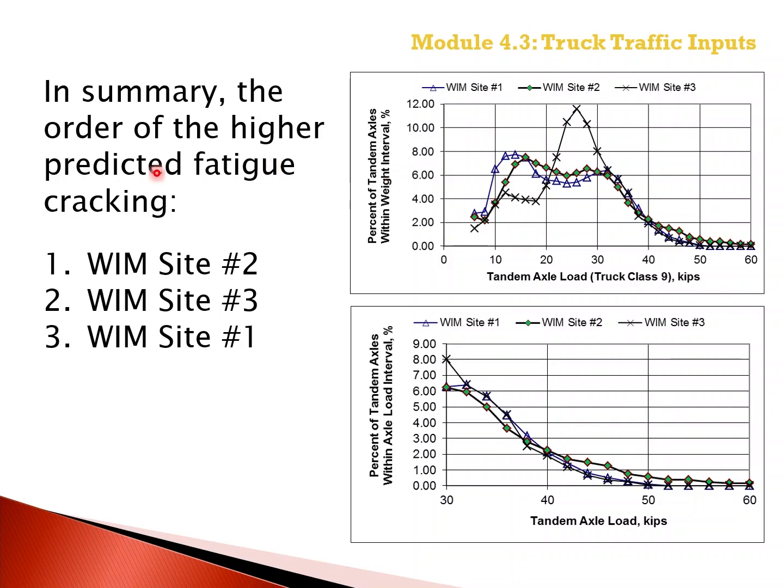So in summary, the order of higher predicted fatigue cracking and distresses: WEM site number 2, then WEM site number 3, then WEM site number 1. And basically that corresponds to the number of overloaded trucks.